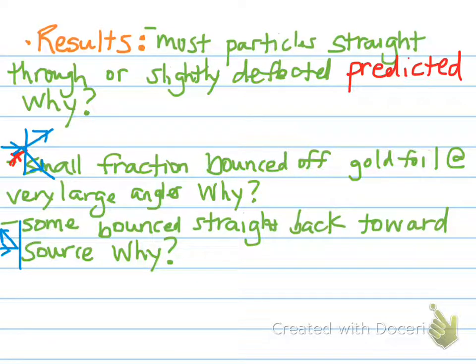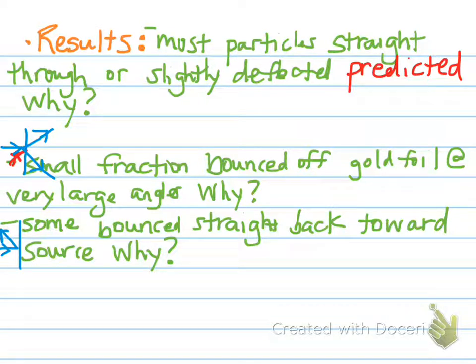Now, there's an interesting quote, okay, about how surprised Rutherford was by these second and third results that he had not predicted. It was about as credible as if you had fired a 15-inch shell at a piece of tissue paper and it came back and hit you.